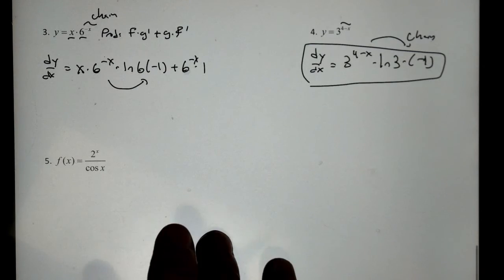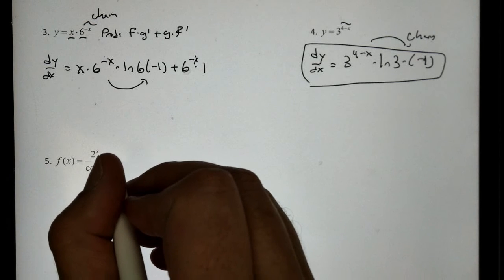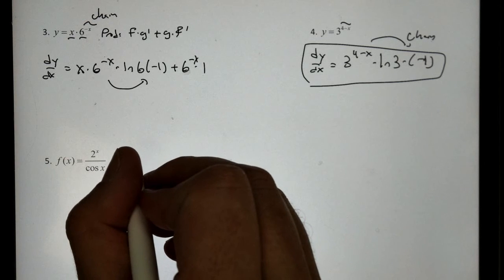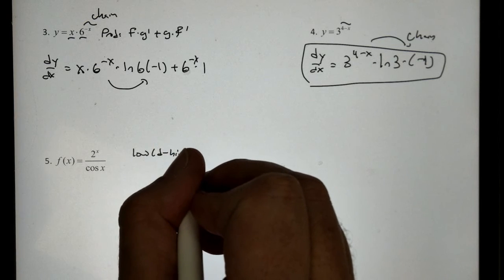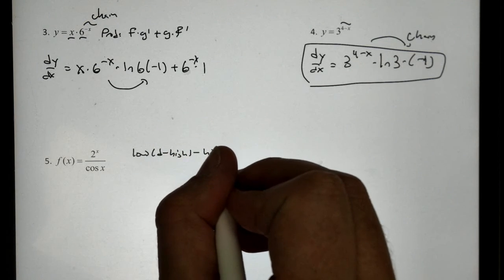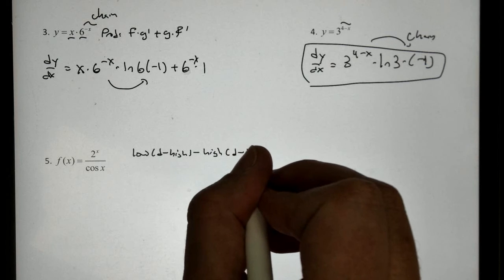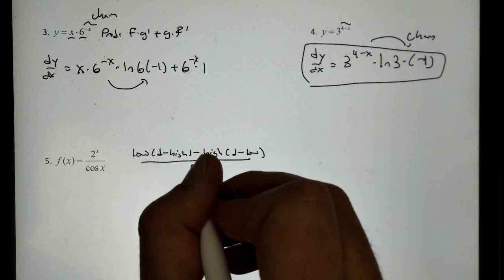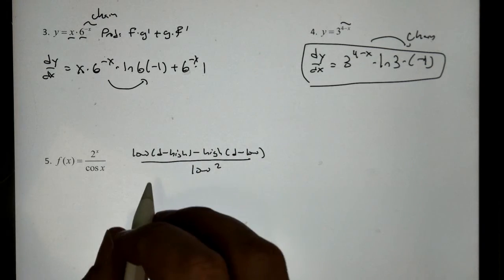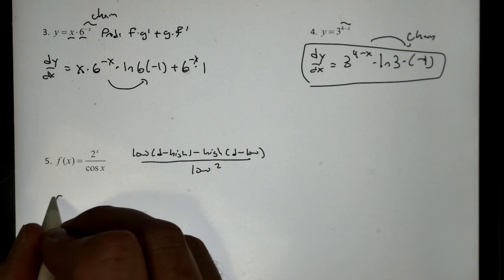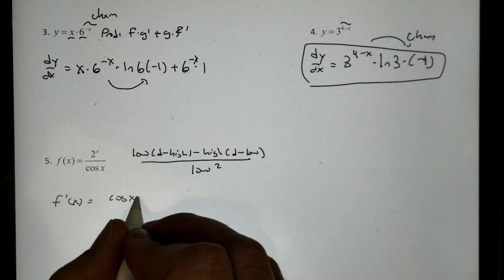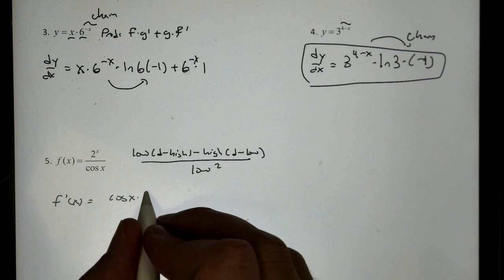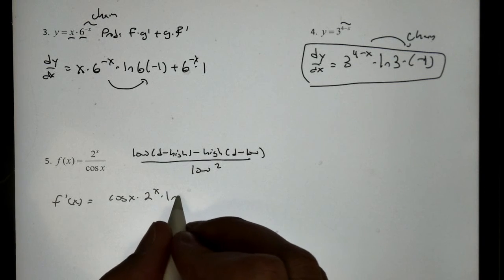All right, number 5, quotient rule. Quotient rule, remember, is low, d high, minus high, d low, all over low squared, the bottom squared. So when I take the derivative, f prime of x, low, d high, well, that's my new rule, 2 to the x times natural log of 2.